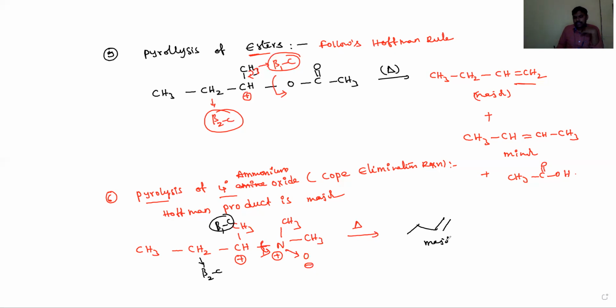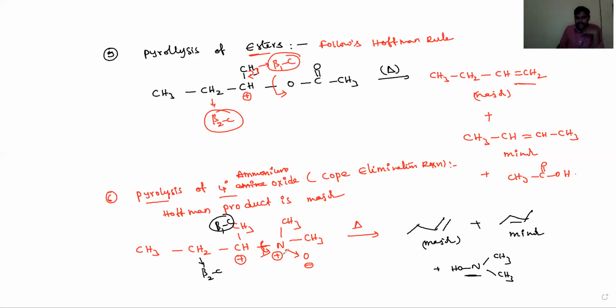The less substituted alkene is the major product. Another one is but2ene, the minor product. And the byproduct is dimethyl hydroxylamine.